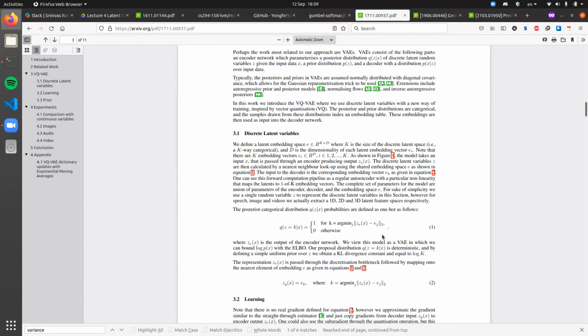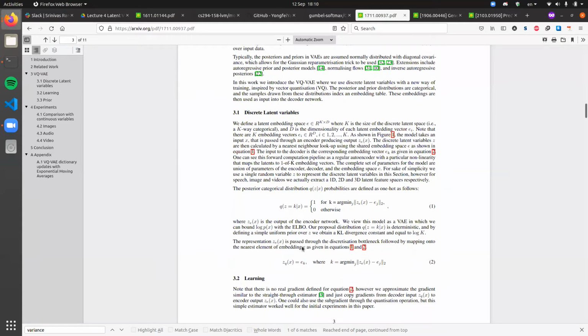We have a code book, and we compare the outputs of the encoder with the codes from the code book, and then we take the most similar vector from the code book to feed it to the decoder. In such a way our data point will be represented as a sequence of n such vectors, right? And the latent representation will be just a discrete version of it, which means a sequence of indices into the code book, right?